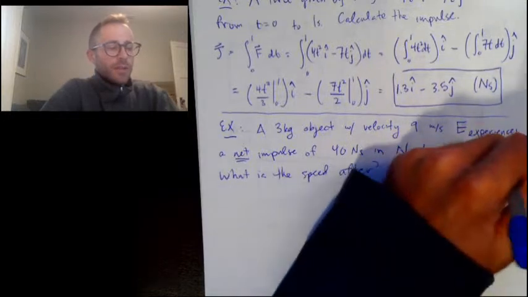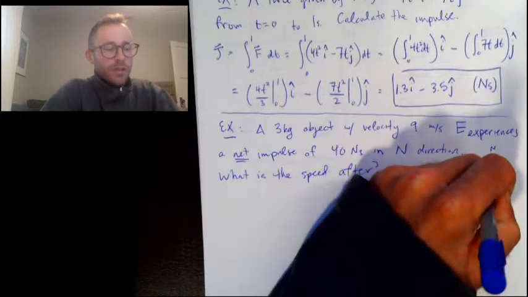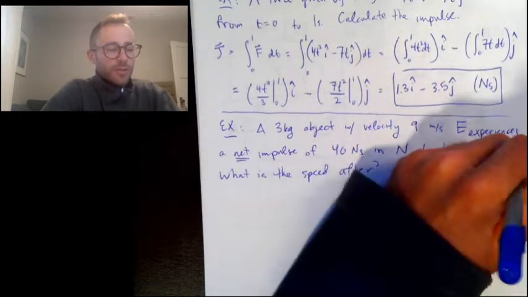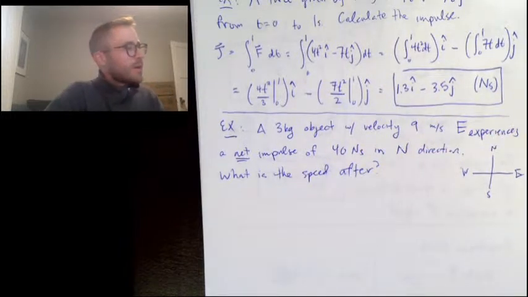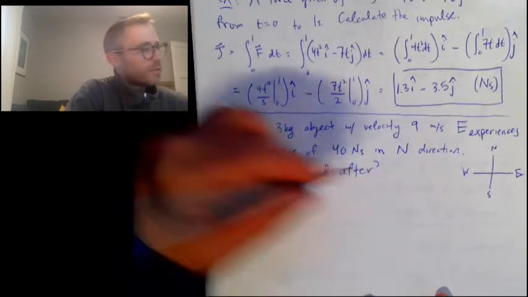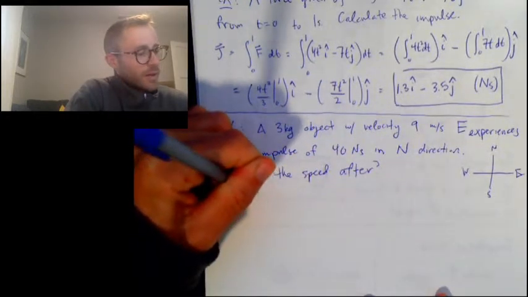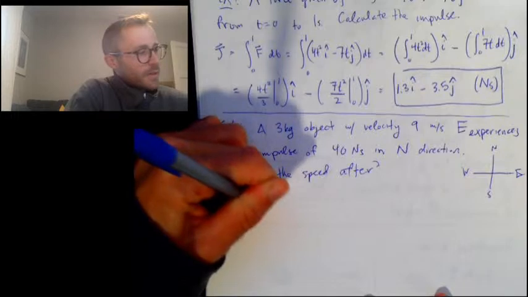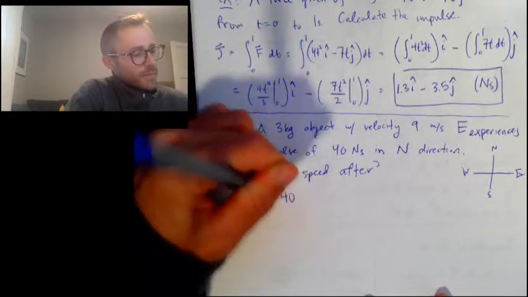If I make north-south along the j direction and east-west along the i direction, then by saying that the impulse is 40 newton seconds in the northward direction, that means J net is 40 j.